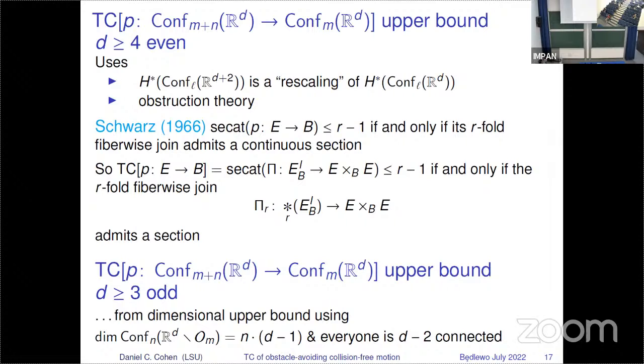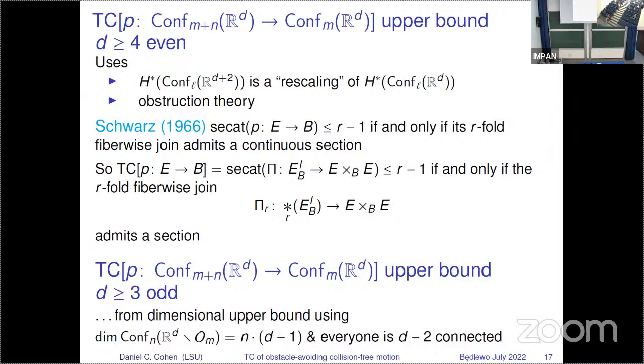The higher even dimensional case is a bit more subtle. It uses some obstruction theory and the fact that we understand the cohomology ring of configuration spaces up to rescaling or grading. The obstruction theory is an old result of Schwarz, which says that a fibration has sectional category at most r-1 if and only if it's r-fold fiberwise joined.